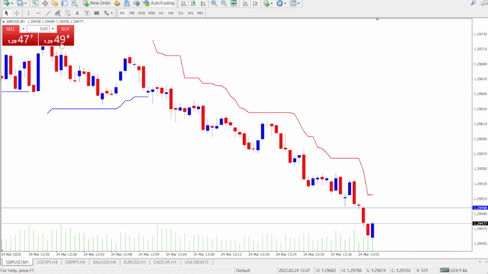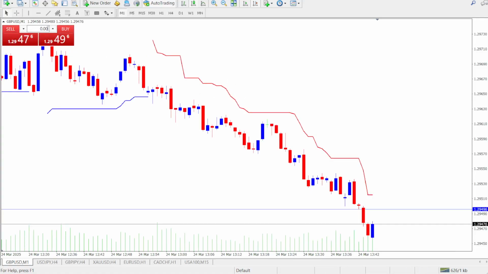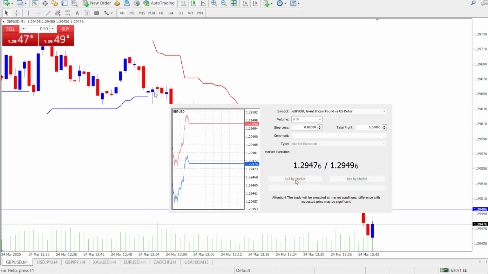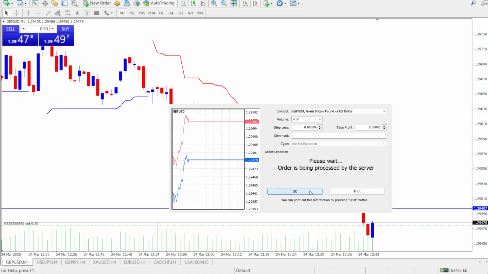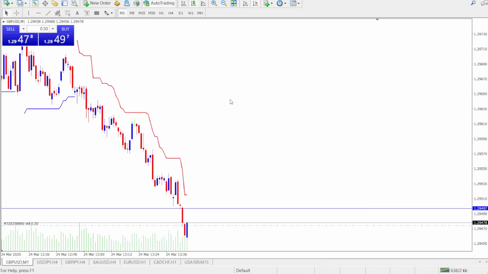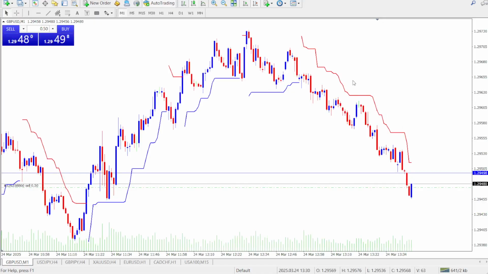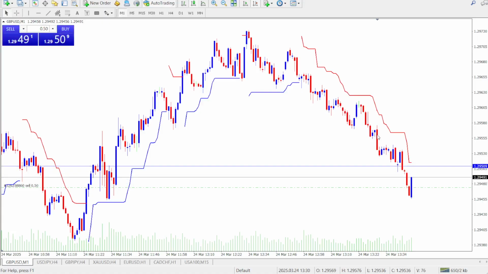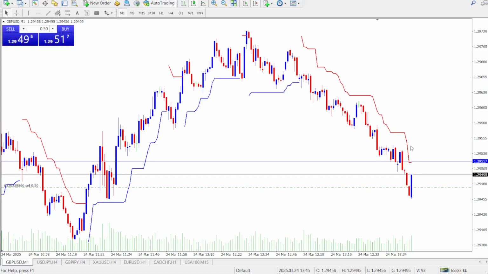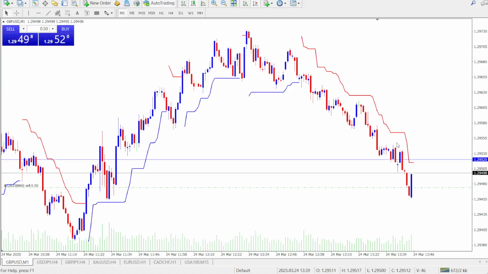Then for a sell, the red line above the candlesticks indicates prevailing bearish momentum, right? So you should be looking for sell opportunities, and your stop loss should be above the red line, precisely above the nearest swing high, while for the buy it is going to be below the previous swing low.